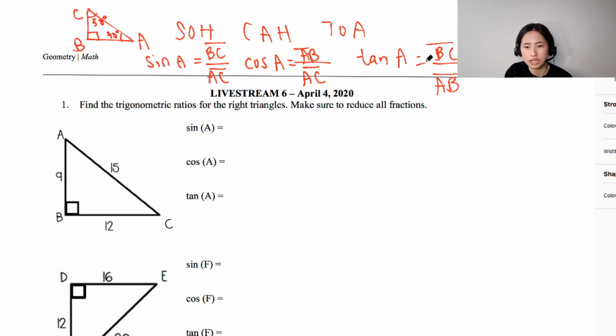Okay, so as you notice, because we're taking the ratio between line segment BC and line segment AB, tangent is actually sine over cosine. Because if you have sine, we know that this is line segment BC over line segment AC. And then because we're dividing, that means we're taking the reciprocal of our trig ratio for cosine.